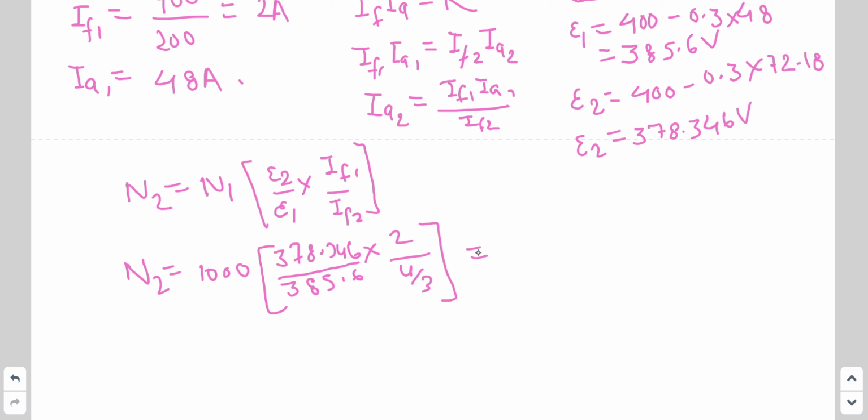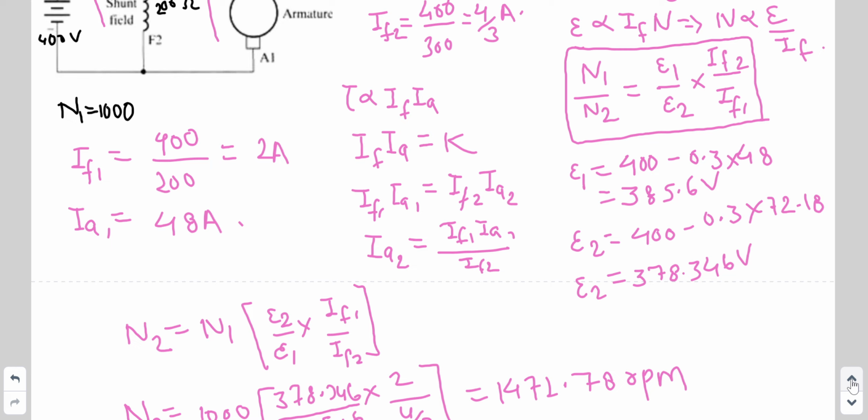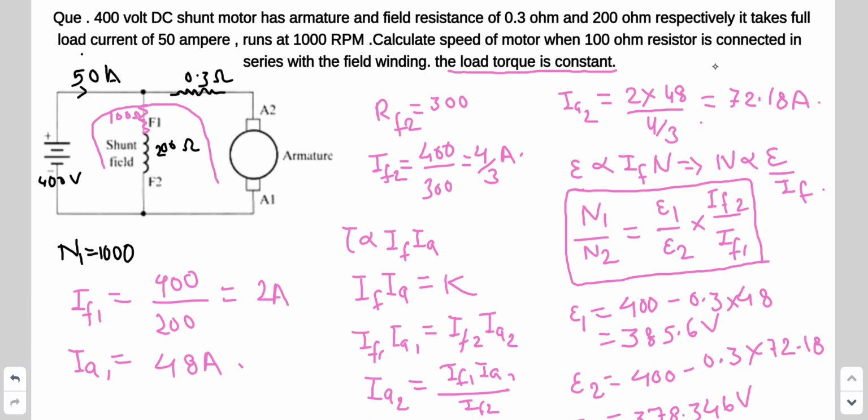Solving it, the answer comes out as 1471.8788 rpm. So this is the value of the speed when the resistance of 100 ohm is connected. Thank you.